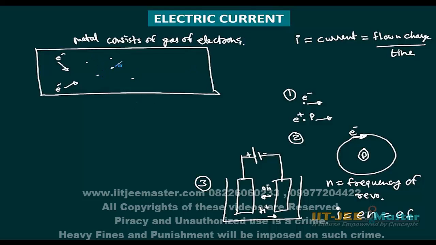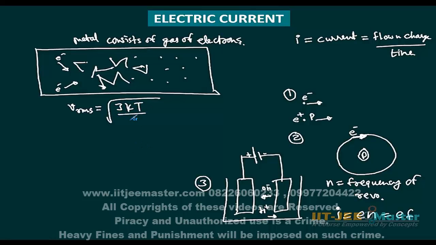The electrons in the metal move in the same way as in our room the gas particles move. They move randomly. The motion is there in any direction, and they collide with each other. Here the speed of the electron will be the RMS speed. The RMS speed is root of 3 K Boltzmann's constant T temperature upon mass of the electron.